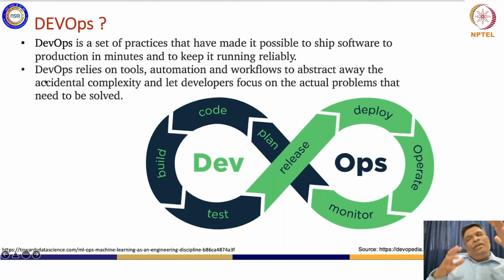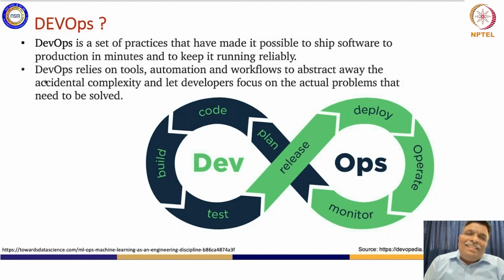Now DevOps is going to actually help us coordinate between these two phases. And when you say they are coordinating between these two phases, DevOps is going to rely on tools, automation and workflows to abstract away the accidental complexity.